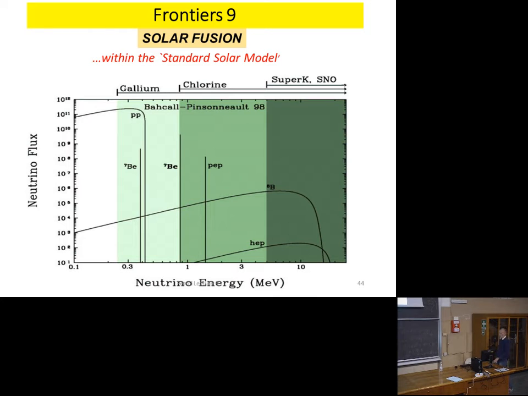What people have done then, and I'll be showing that, but not immediately, is that they've used different detector techniques to pick out the different ones. So what I show here is that if I use as a detector something made out of gallium or chlorine or a different technique altogether, they go down to some energy. So if I take this one here, which I'll be showing in the next lecture, it doesn't even detect these neutrinos that come here.